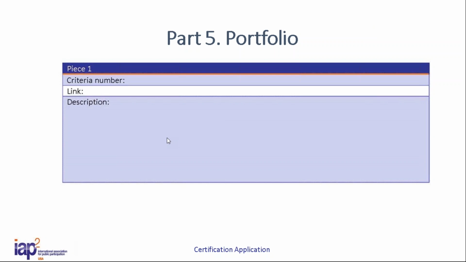Amelia can help you with figuring out a Dropbox or something like that so you can provide those links. And then the description is you telling us what we're looking for. It might be a 35-page document, but there's something on page 12 that you want us to notice. Tell us that. Don't make it hard for the assessors. Make sure it's clear to us what we're looking for.